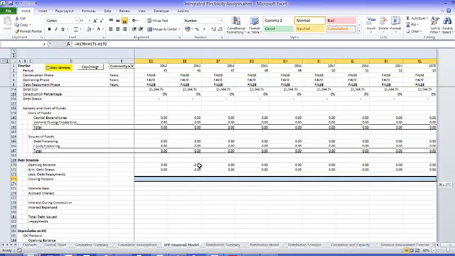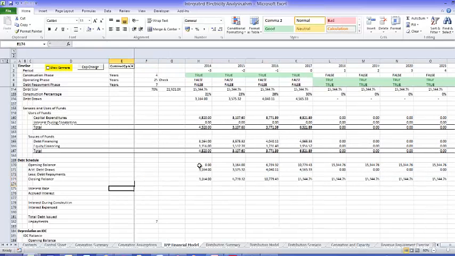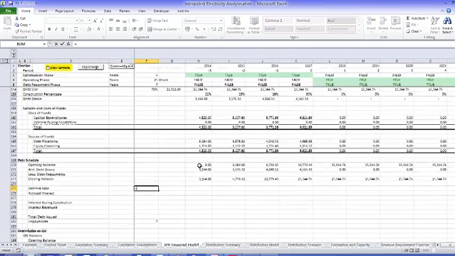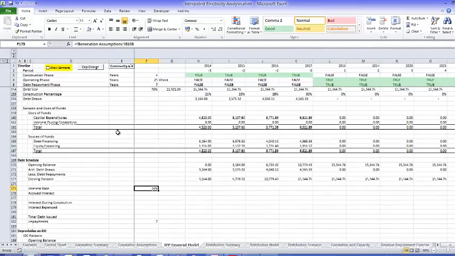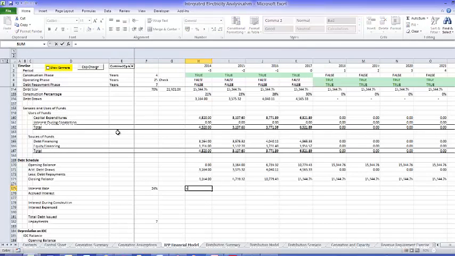Nothing very complicated. Okay, and our interest rate, we're going to get that from our input page. So we put our interest rate here, and our interest rate is going to be the same thing every time.